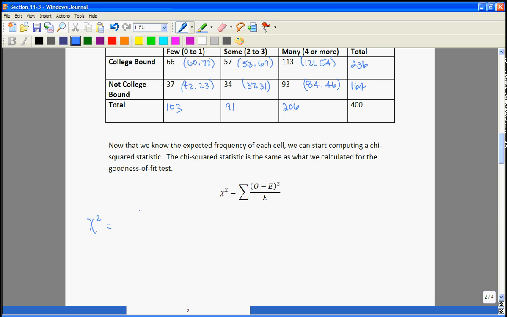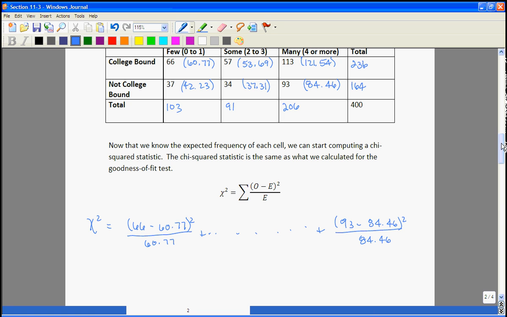But essentially what I'm doing here to calculate this chi-square test value is, for the first cell, I would take the observed 66 minus 60.77, that gets squared, and divide by the expected 60.77, and I would do that all the way down to the last one, 93 minus 84.46, that gets squared, divided by 84.46.